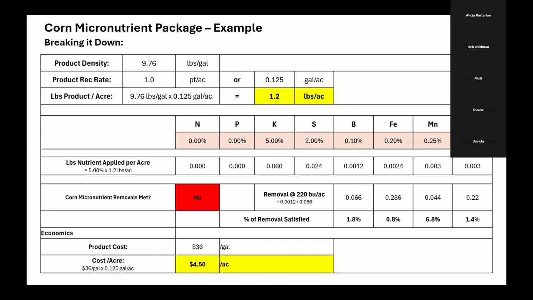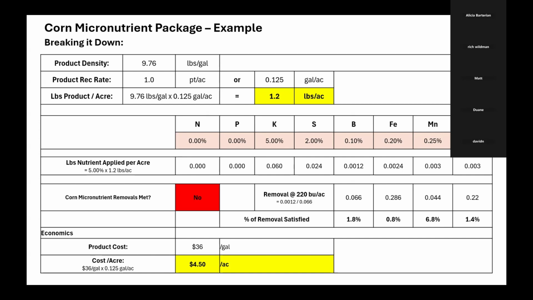Once you do that step, you need to stop and think a minute. Think back to that table that we discussed on removals for 220 bushel corn, or whatever your yield goal may be. We need to ask ourselves, are we meeting those removals for 220 bushel corn? Well, in this case, the answer is no. So what we did here is we took that pounds of nutrient applied and divided it by what that removal figure actually is.